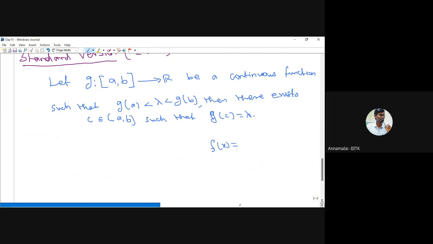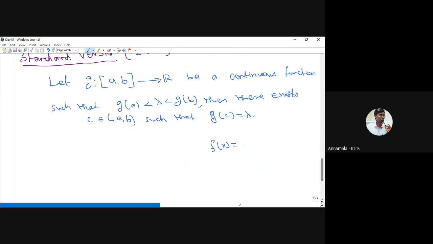Can anyone guess? We are going to use the previous theorem, which says if we have a continuous function f such that f(a) < 0 < f(b), then there is some c such that f(c) = 0. Using this condition on g, how can we construct a new function that satisfies the previous theorem's condition?